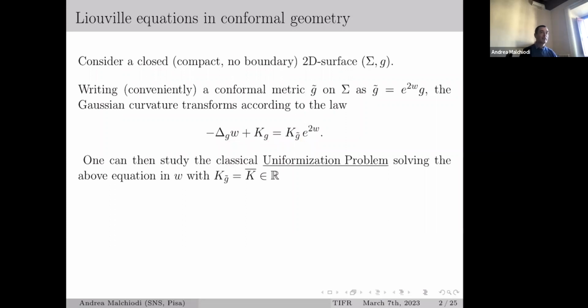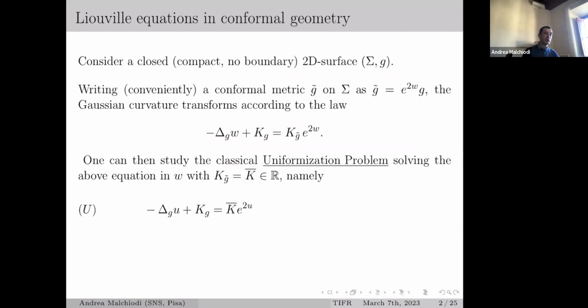So a classical problem is the uniformization problem, from more than a century ago, which consists in trying to find the conformal metric on a given surface with constant Gaussian curvature. So it means that by this transformation law, you need to solve this PDE with kappa G tilde equal to a constant that I call K bar.